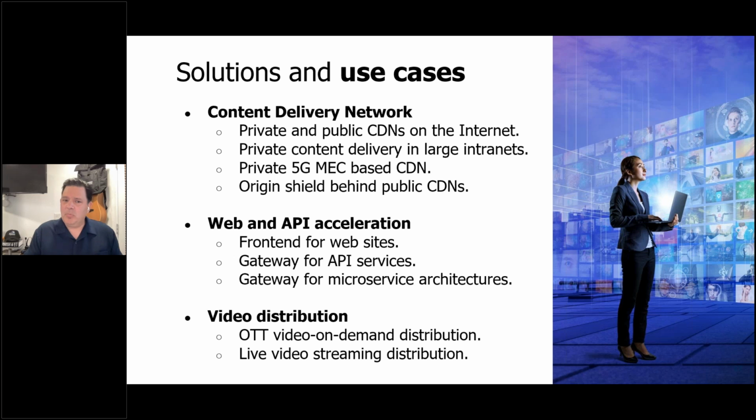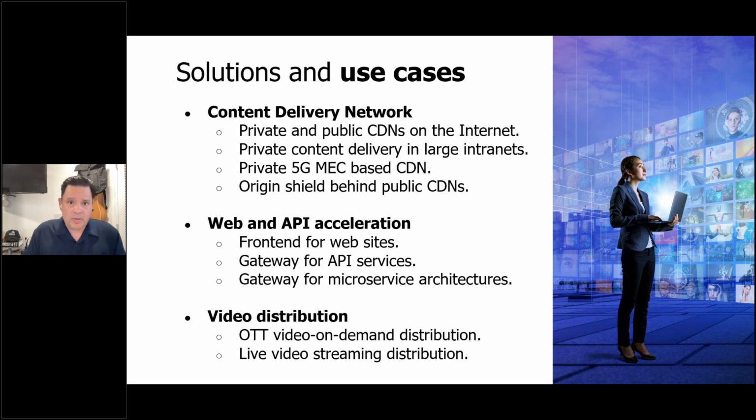So although many people, when we talk about cache, go to that initial content delivery use case, cache was really developed and increased in popularity because of web and API acceleration. And arguably, web and API acceleration is a subset, a sub-use case under content delivery.